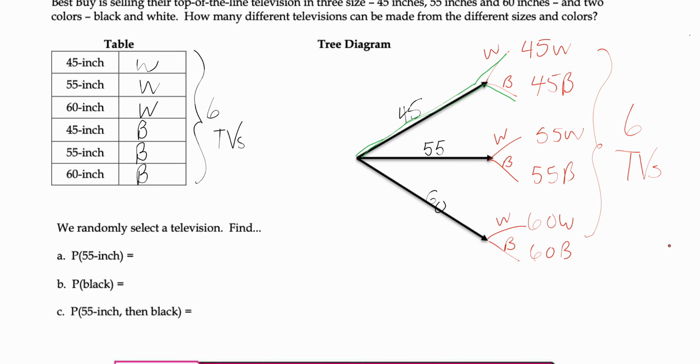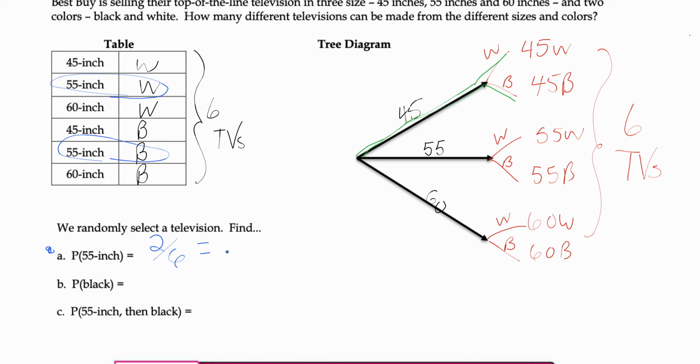From either that table or that tree diagram, we can look at some probabilities. What is the probability if I randomly select from these 6 available televisions, assuming they all have the same availability, that I choose a 55-inch television? Well, if I'm looking for a 55-inch television, it looks like I have 2 options for a 55-inch television in those 6.